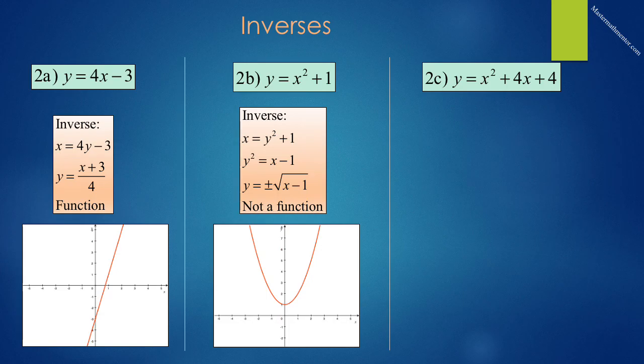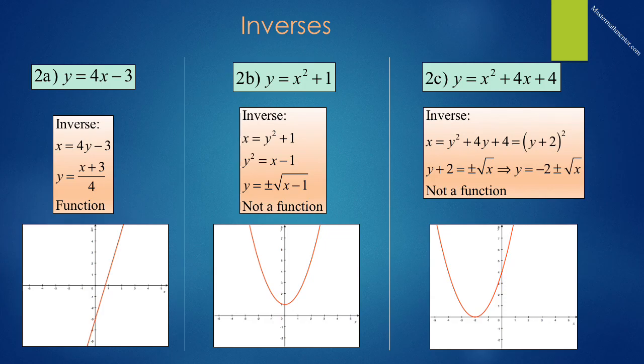However, if we restrict the domain of y equals x squared plus 1 to x is greater than or equal to 0, then we will find that the inverse will be y is equal to positive the square root of x minus 1, and therefore the inverse will be a function.